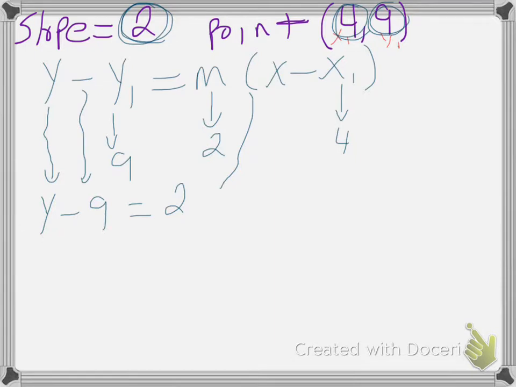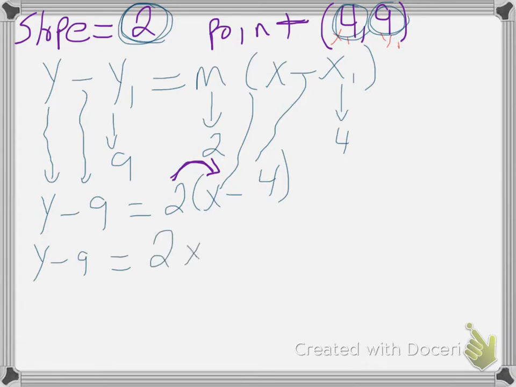Bring down the minus sign. And then we know it's 4. And then let's fix it up. This is still y minus 9 equals, remember here we're going to do 2 times x. 2 times x is 2x. Then 2 times negative 4. 2 times negative 4 is a negative 8.